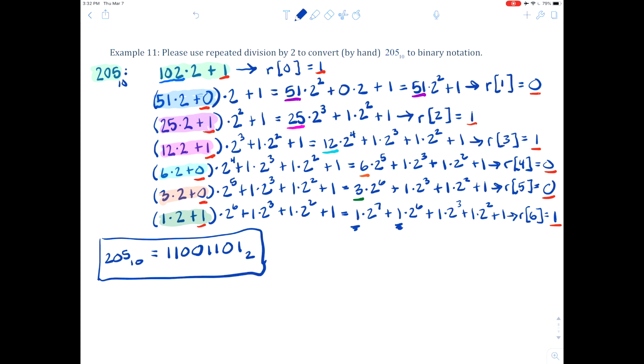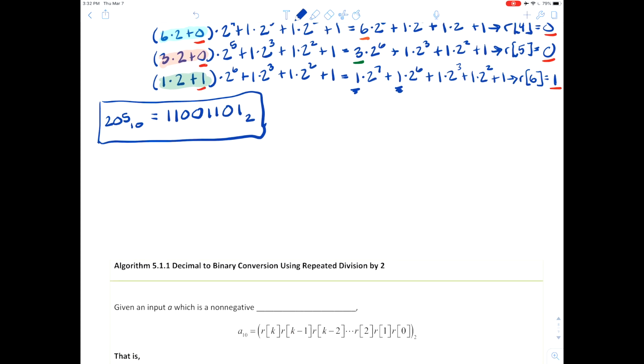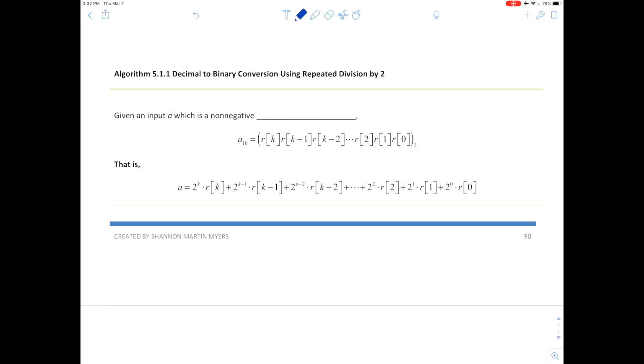A computer science application for you. Now here's utilizing that stuff, okay? Here is an algorithm I thought you might be interested in. Decimal to binary, meaning base 10 to binary conversion using repeated division by 2.